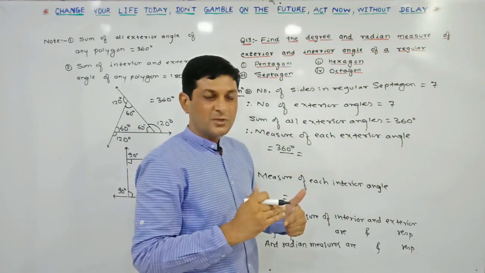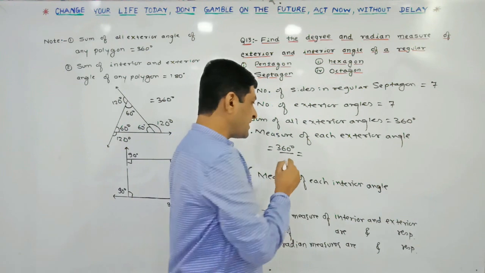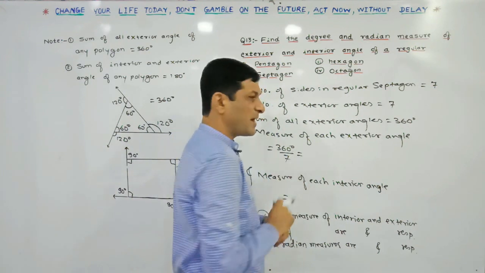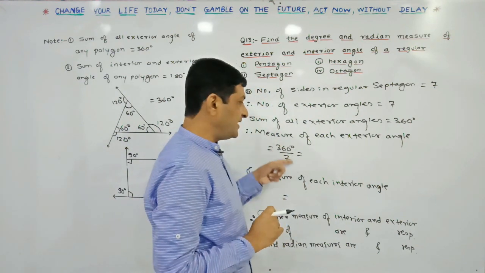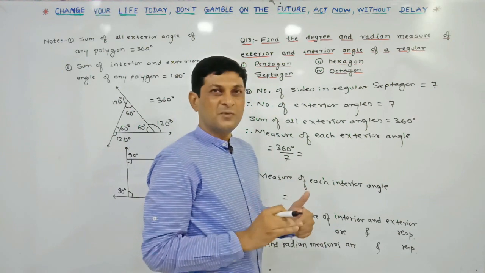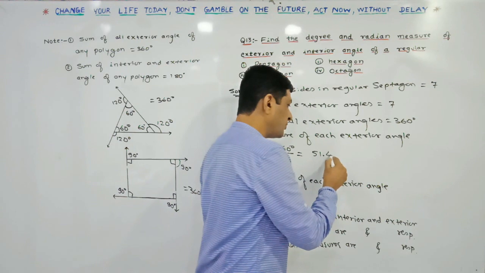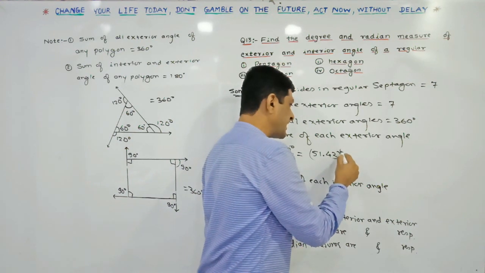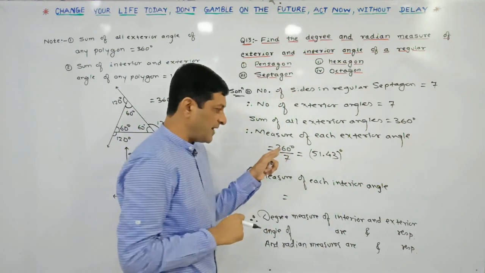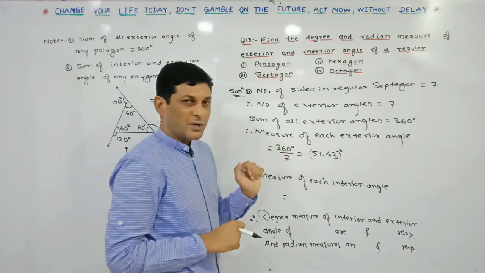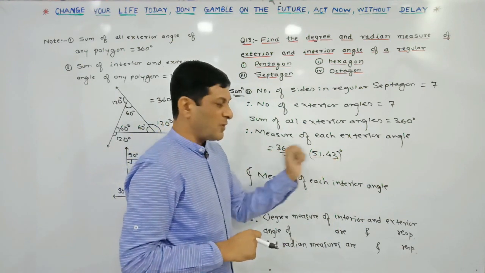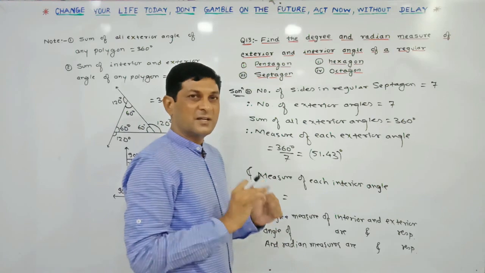So to find the measure of each exterior angle, we have to divide 360 by what? 7. This division will be approximately equal to 51.43. Try to complete this calculation part yourself. Just simply divide 360 degrees by 7, and you will get 51.43. In this way we have got the degree measure.